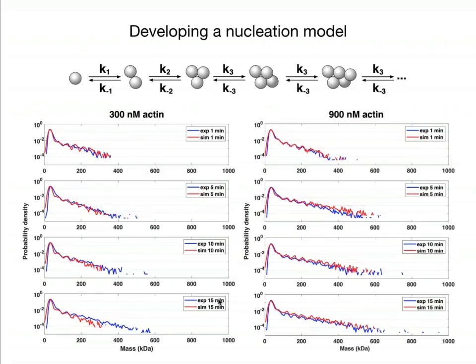And in our first attempt, we have assumed a model where, for structural considerations, we have just assumed that the first two steps have different equilibrium constants than all the subsequent steps.